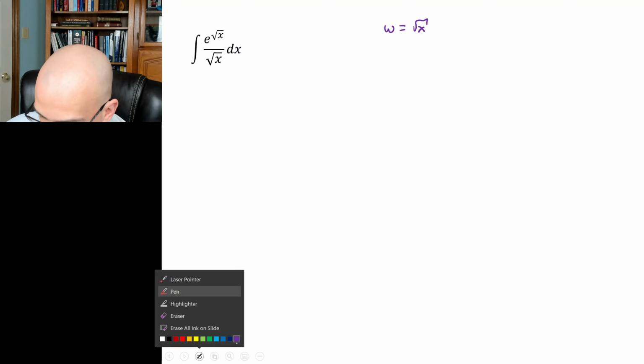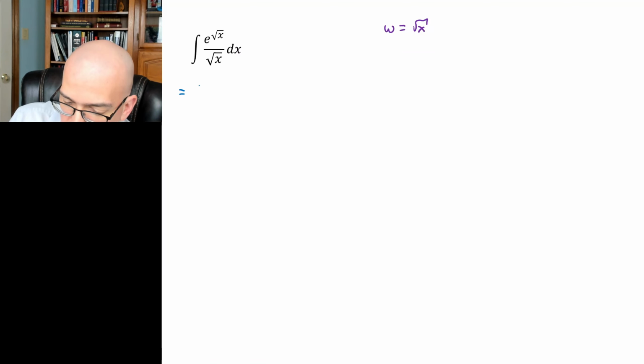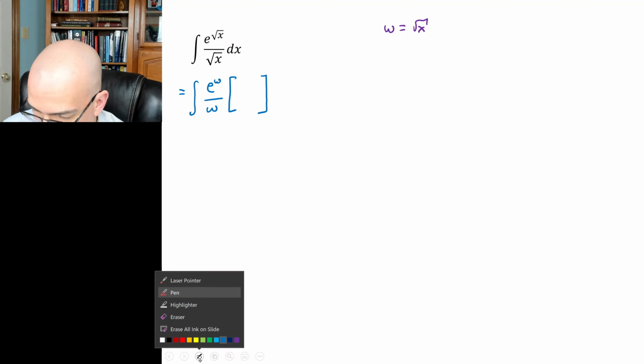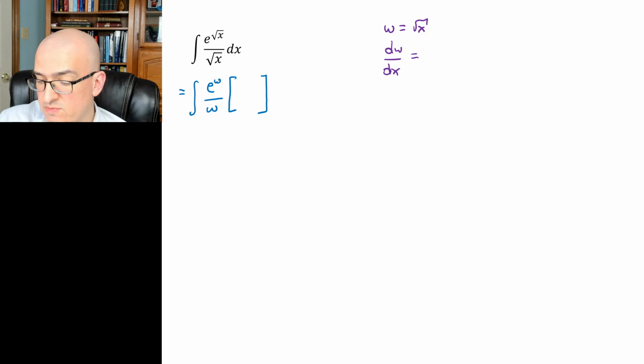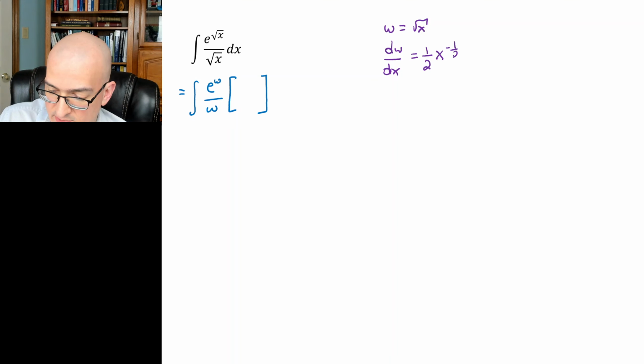Now let's rewrite everything. Something weird is going to happen here. We're going to e to the w over w. I'm going to replace the dx. So we have to take the derivative of w, dw by dx. Square root x means x to 1/2, so we take the derivative, 1/2 x to the negative 1/2.